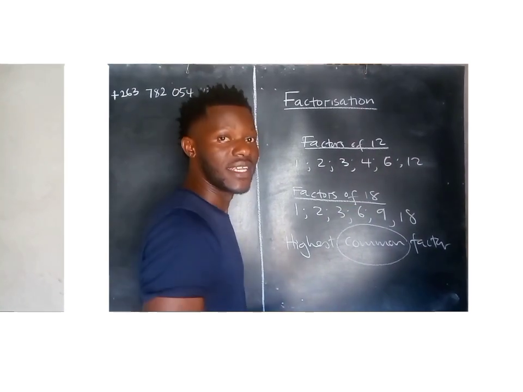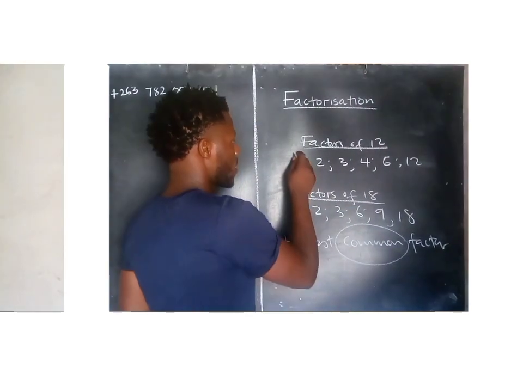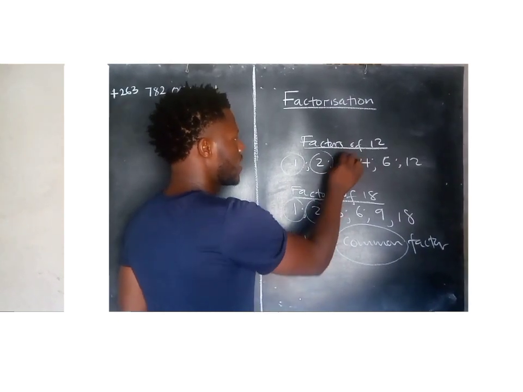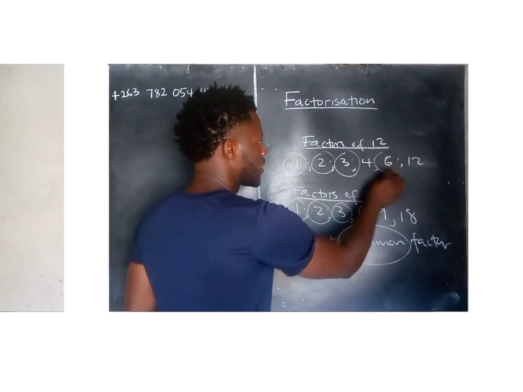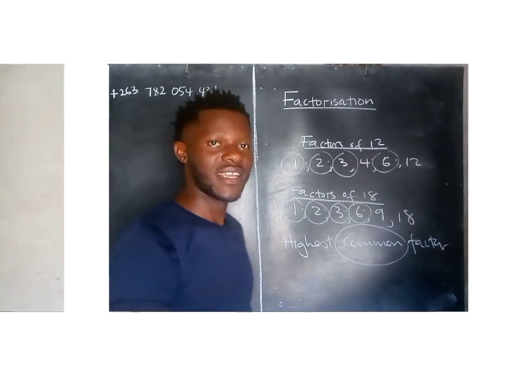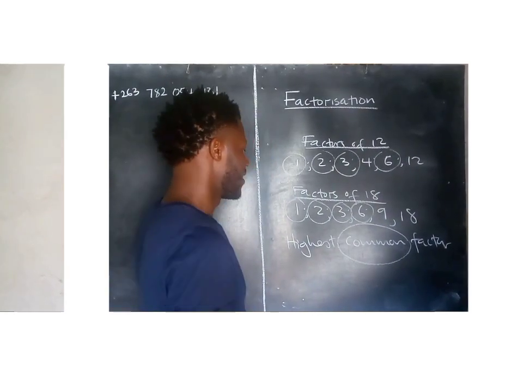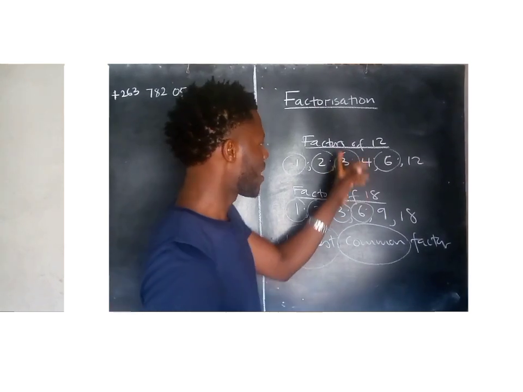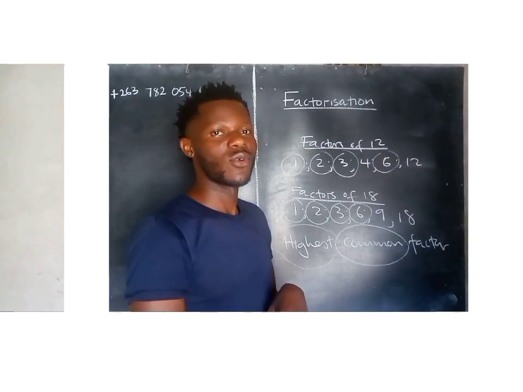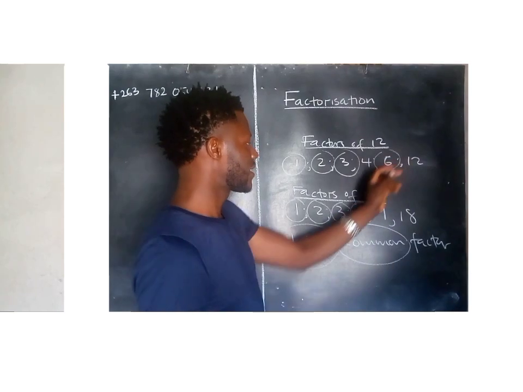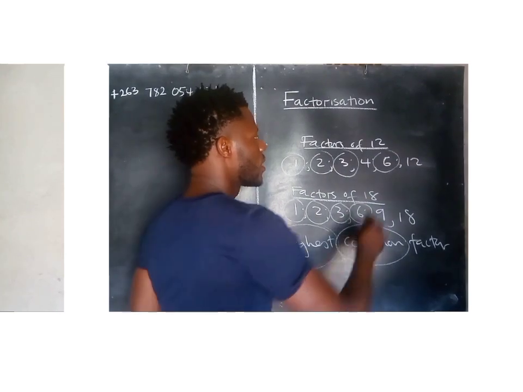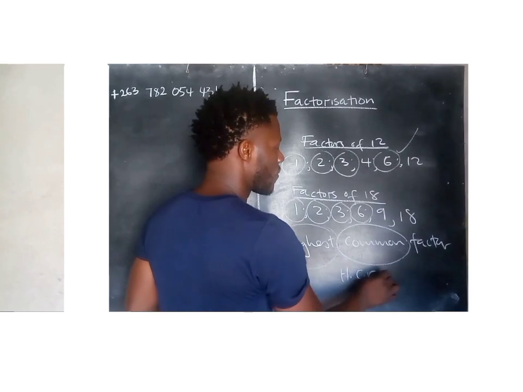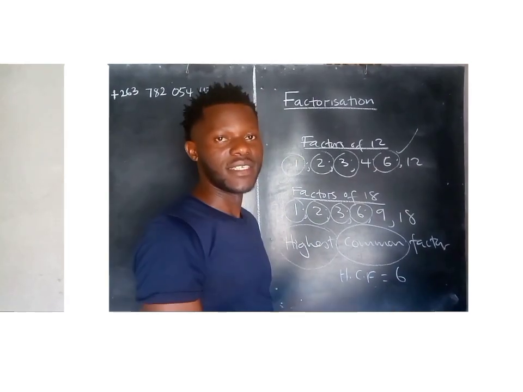So let's encircle all the common factors. 1 is common, 2 is common, 3 is common, 6 is also common. Then let's talk about highest. It is very clear, highest common factor. Among the common factors that we encircled, we can clearly see that 6 is the highest. So 6 qualified to be the highest common factor of 12 and 18.